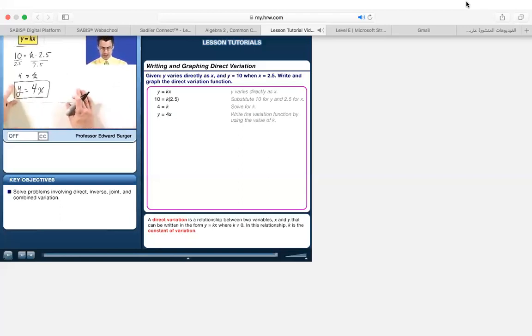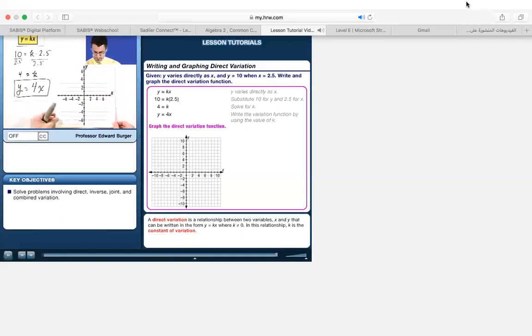If we want to consider what that looks like graphically, we see it's a straight line. We can plot some points. For example, when x equals 0, y is 0, so the origin is on there. When x equals 1, y is 4.